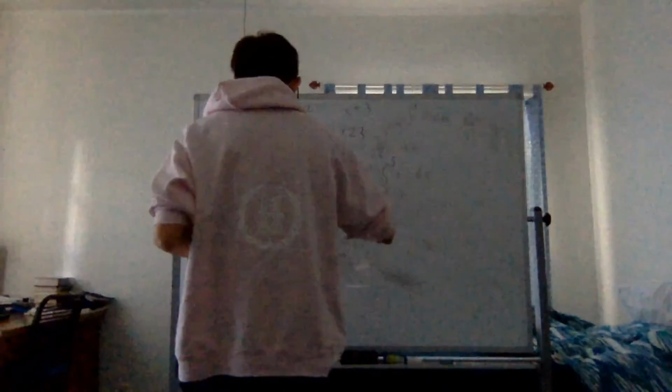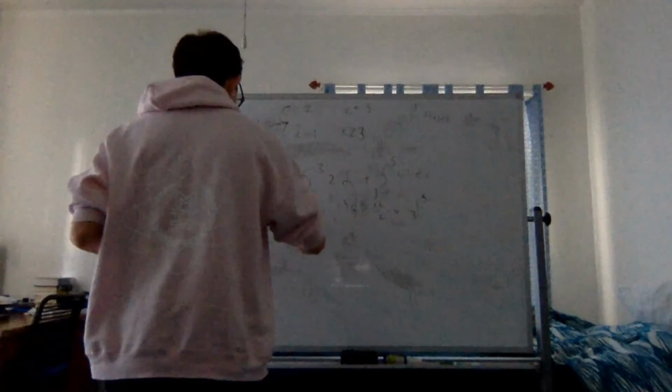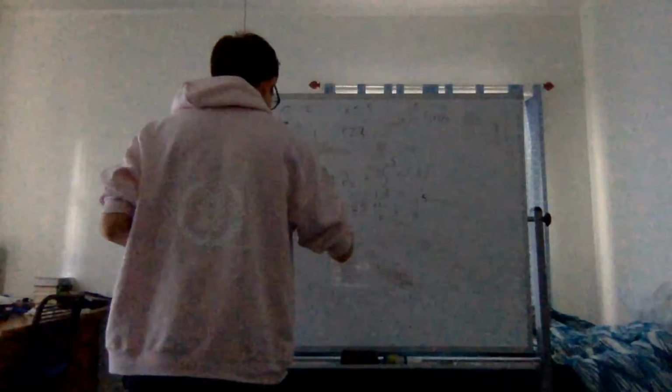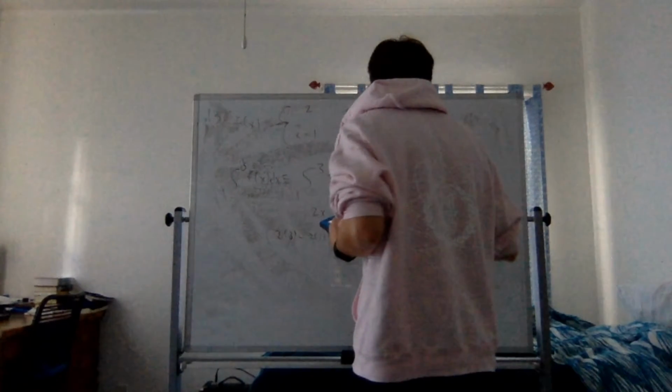So taking the antiderivative of 2x from 1 to 3 plus the antiderivative of x squared over 2 minus x from 3 to 5. So if we plug in 3, we get 2 times 3 minus 2 times 1, right? Plus 5 squared over 2 minus 5, minus 3 squared over 2 minus 3.